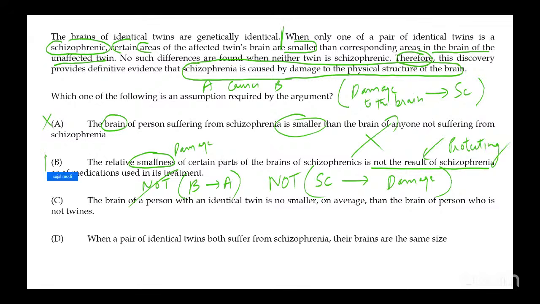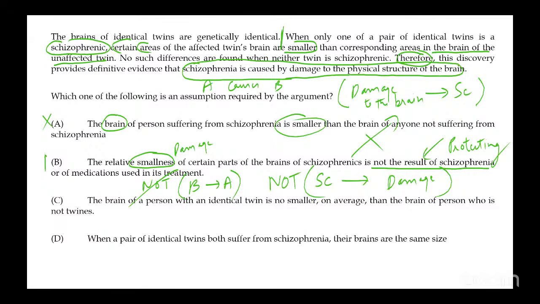Look at C. The brain of a person with an identical twin is no smaller on average than the brain of a person who is not a twin. Again, that's not relevant. The argument is not saying that the brain of somebody who's a twin is smaller or bigger than the brain of somebody who's not a twin.